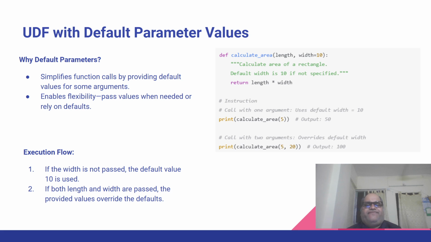As you might have seen in this particular case, in the first call you are only passing 5, so that is linked to the parameters in order from left to right. So length is assigned 5, and since you don't have a value for width, width will be taken as the default one, and 5 into 10, 50, that will be the output.